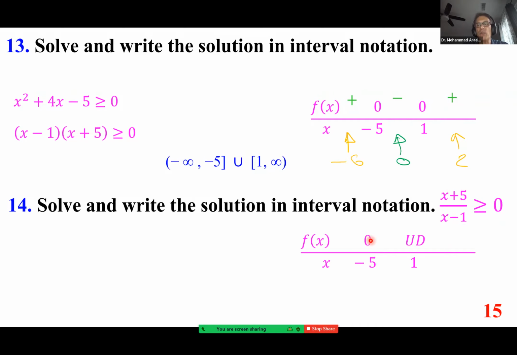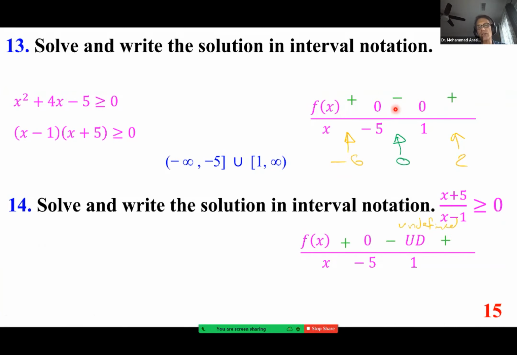At -5, we still get 0 because it's at top, but at 1, we get undefined because you can't divide by 0. With that being the case, we get the same result there.